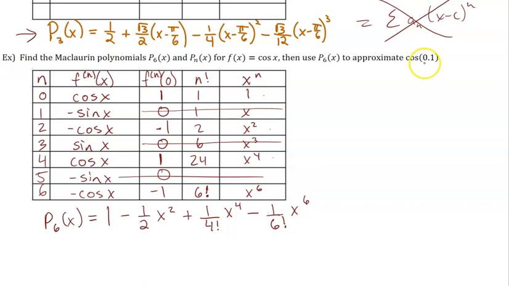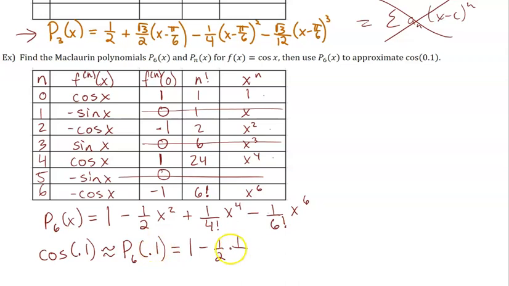I'll go back and do p sub n in a second, but we're going to use this to approximate cosine of 0.1. So to evaluate cosine of 0.1, I know that that is approximately p sub 6 of 0.1. So I'm plugging 0.1 into this polynomial. So 1 minus 1/2 times, if I'm doing this by hand, then I'm going to go ahead and write it out as 1/10.